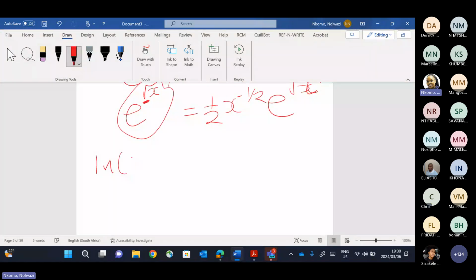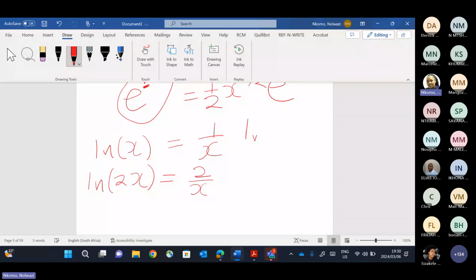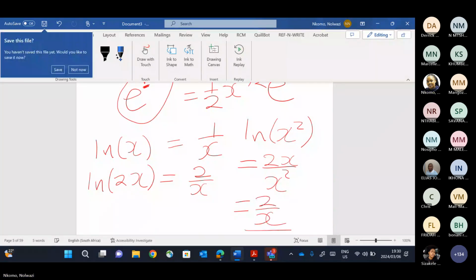As well as ln x. If you differentiate ln x, you get 1/x. But if you differentiate ln 2x, it's something else. You'll get 2/x. And if you differentiate ln x squared, you'll get 2x over x squared, and this will give you 2/x.